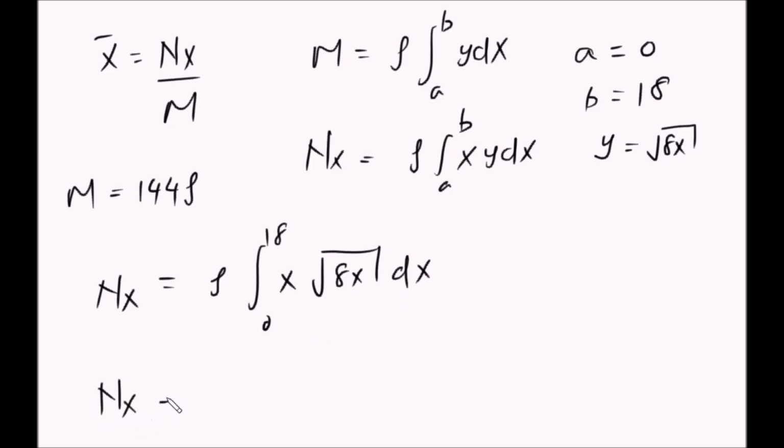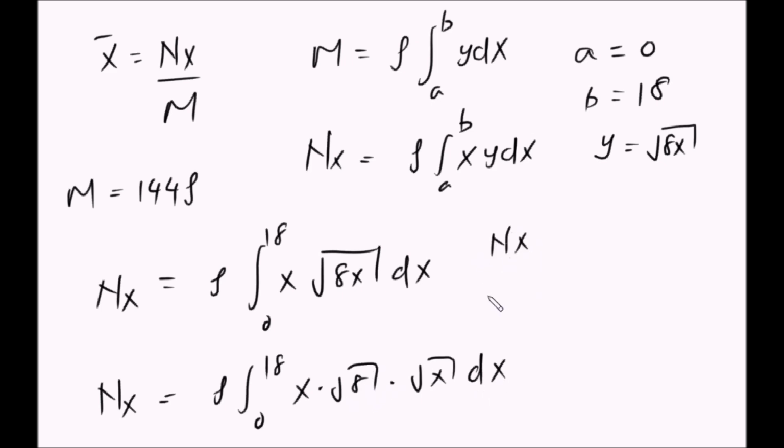So our x moment now itakuwa ni density from 0 to 18, x times the square root of 8 times the square root of x dx. So the square root of 8 is constant, nitaitoa nje. So our x moment itakuwa density times the square root of 8, integrate from 0 to 18, then tunabaki na x square root of x dx. So natafuta center of mass, mass nishapata.